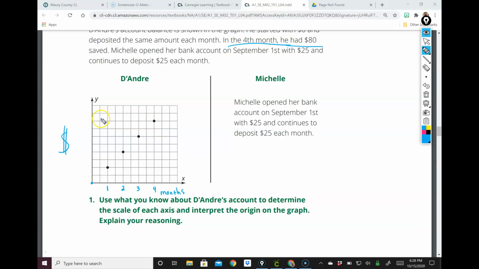So in the 4th month, we've got 80 all the way up here. So let's see, 1, 2, 3, 4, 5, 6, 7, 8. So that means we can go up by 10. So that'll be $20 for each month. 30, 40, 50, 60, 70, and 80.